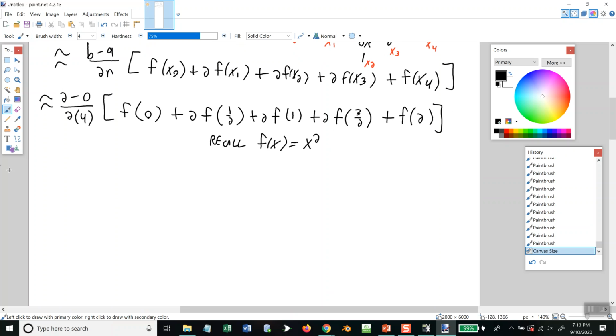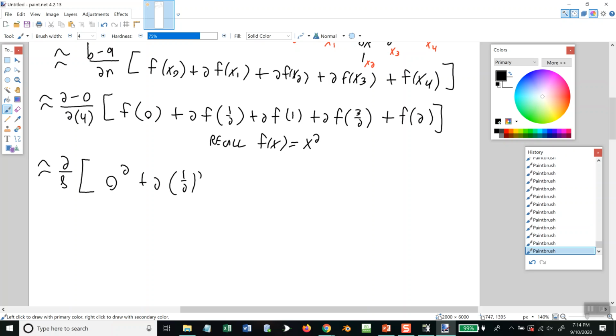Okay, so 2 minus 0 is 2. 2 times 4 is 8. Or 2's cancel, 1/4. F of x0. We're going to plug 0 in for x in our function. So we're going to have 0 squared plus 2. And here we'll plug 1/2 in for our x.